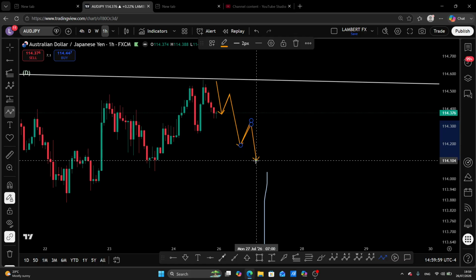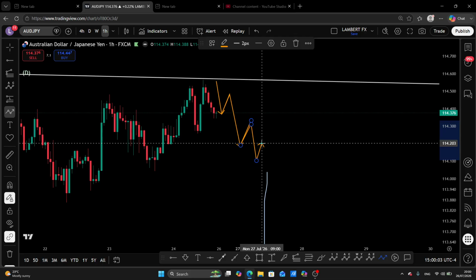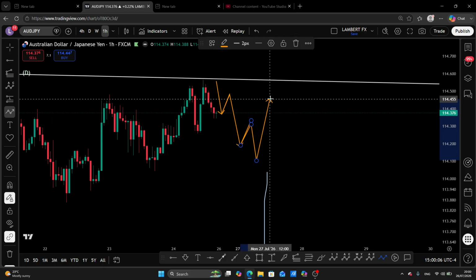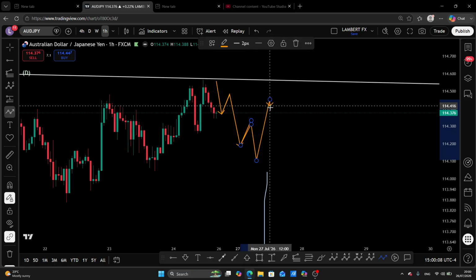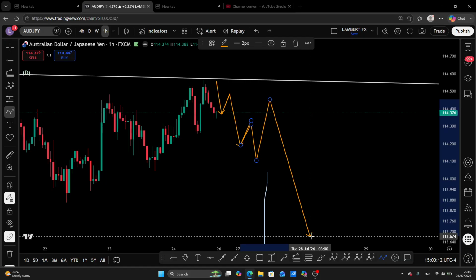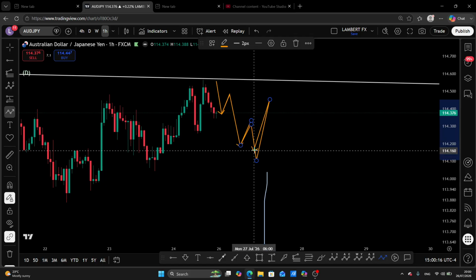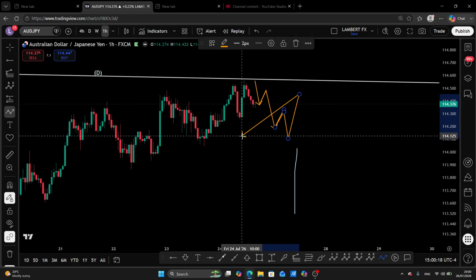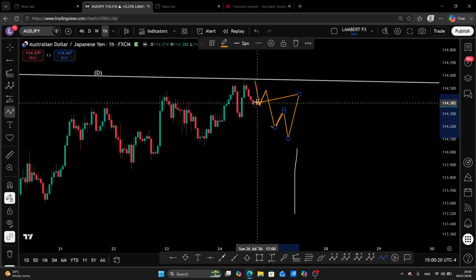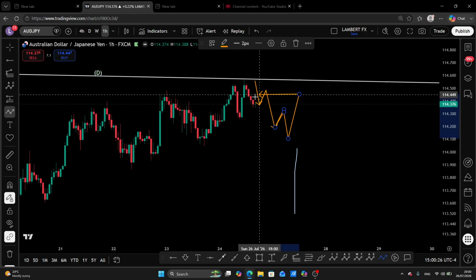Make sure you see something like this first. If you can count a 5 leg down, then wait for the correction for 2. So this will be a 1, that will be a 2, and then you can short. This is something you need to look out for on the lower time frame before taking the trade. That's the best way to trade this, because you need to see a signal.